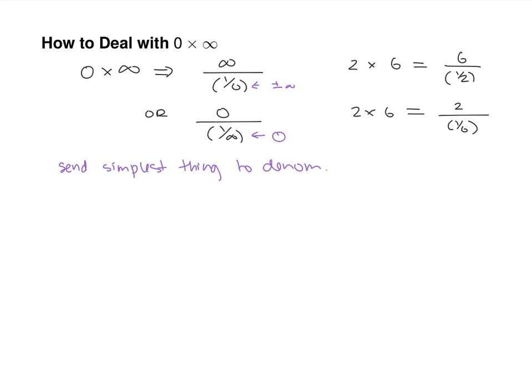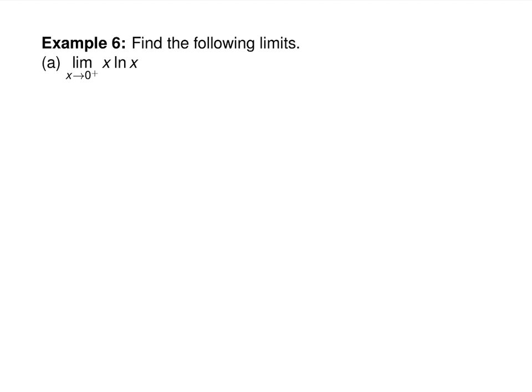Okay, so here's the first one. This is the classic example. So this goes to 0 times, remember that natural log of x's picture looks like this, right? So as x goes to 0 from the right, where does natural log x go? Negative infinity. So how you change this into an infinity over infinity limit is this.